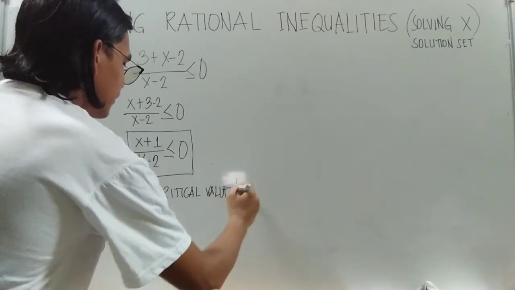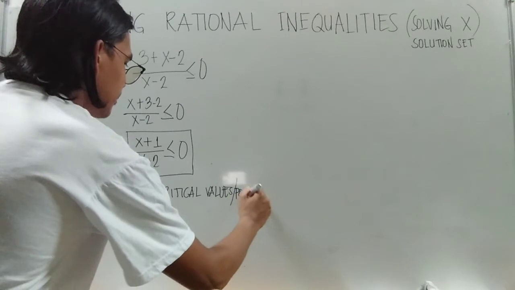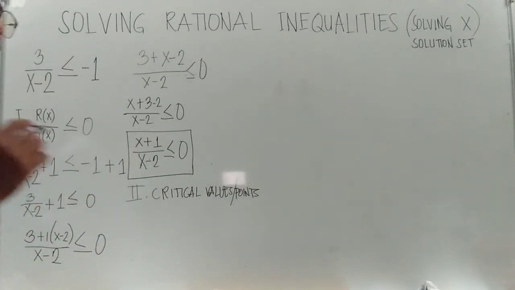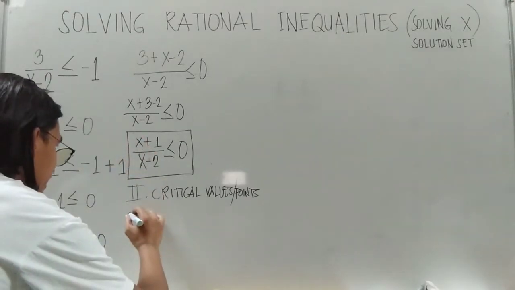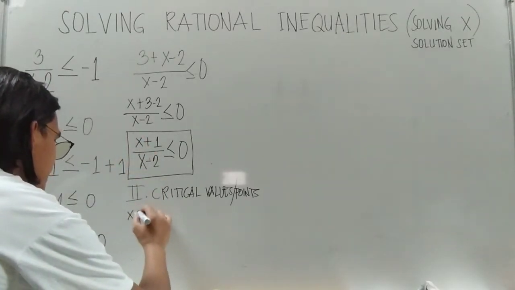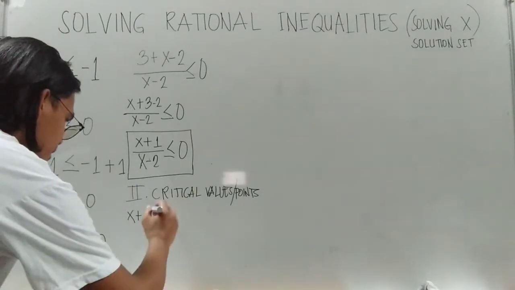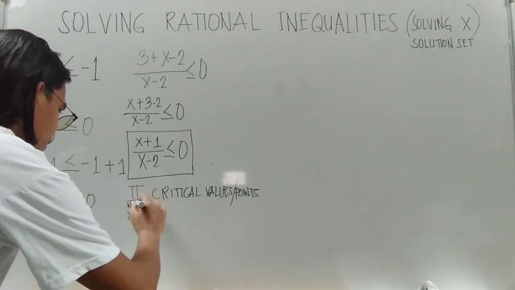So how can we find your critical values? Just look at your numerator and denominator. Your numerator is x plus 1.